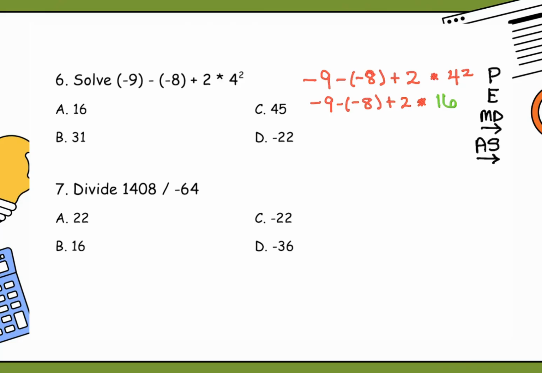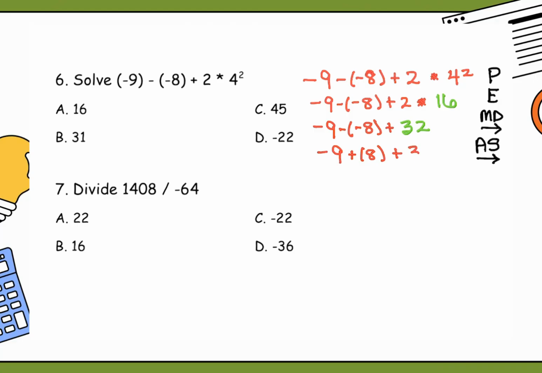The next step that we are going to tackle is the multiplication. So let's bring down our -9 minus our -8 plus, and this time 2 times 16 is 32. So let's do our multiplication there. Looking at this problem now, I have a subtraction of integers. I'm going to use keep, change, flip to change this subtraction problem to an addition problem.